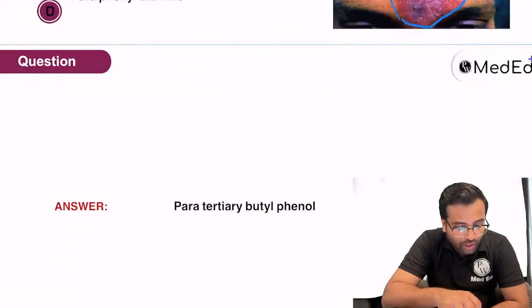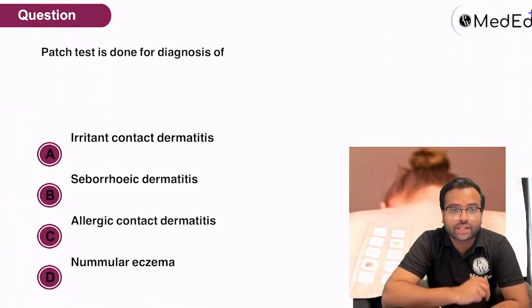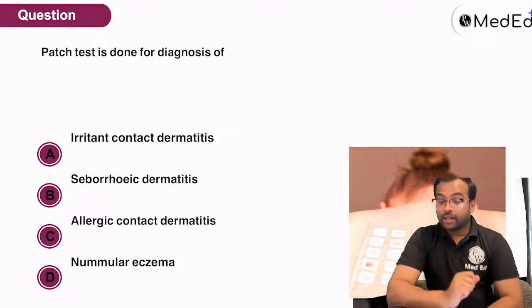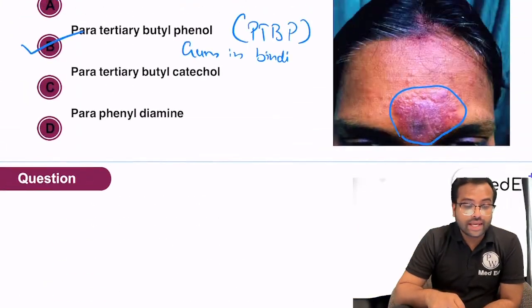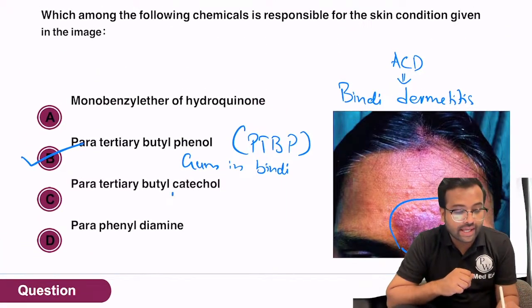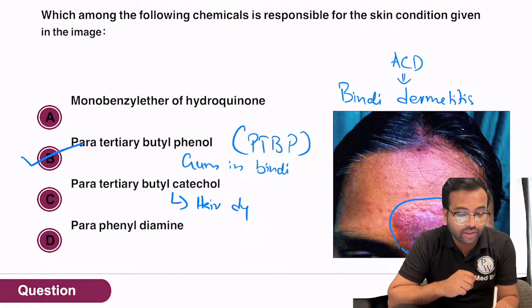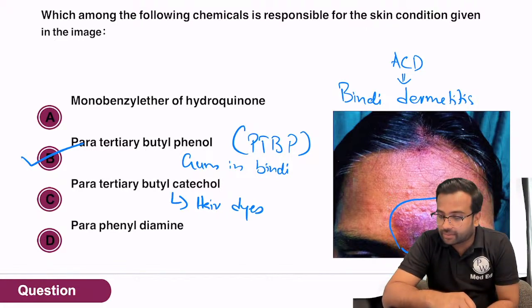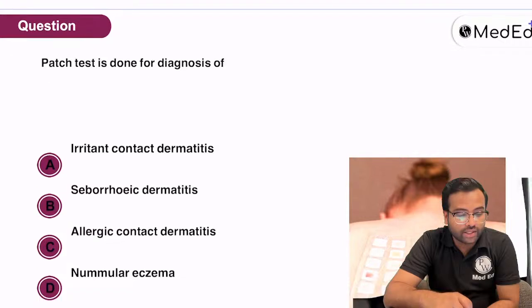Dharmesh was asking where you see it, option number C. PTBC can be seen in hair dyes. Okay, this can be seen associated with hair dyes.